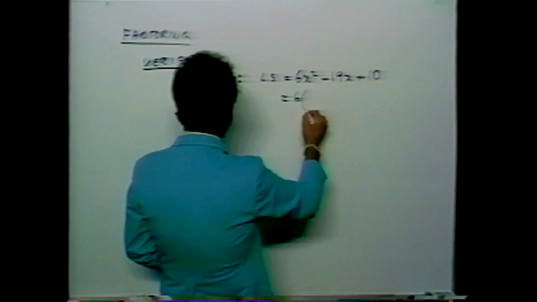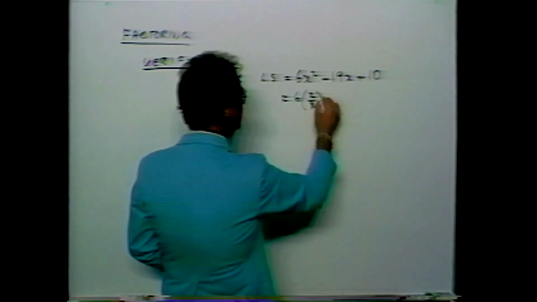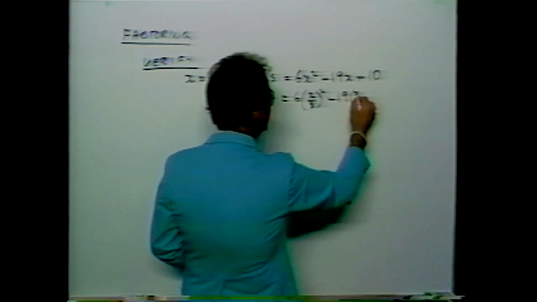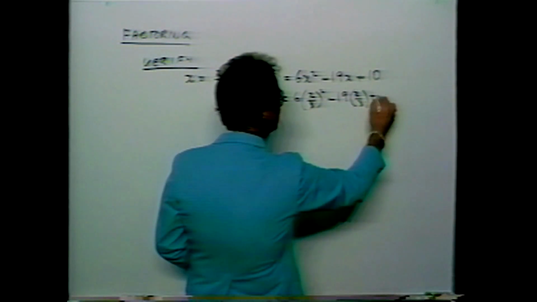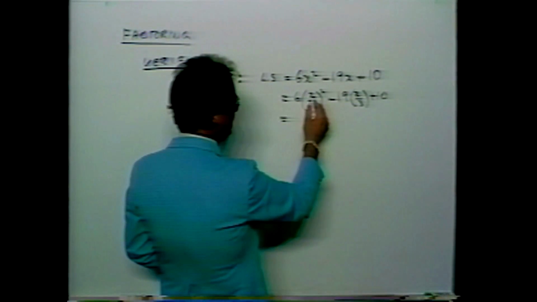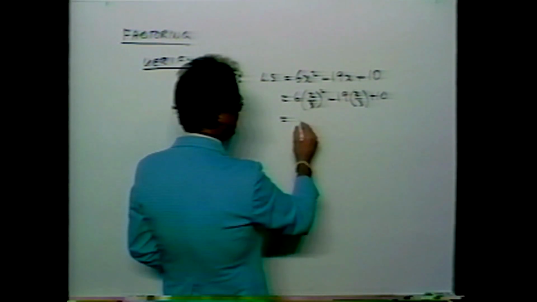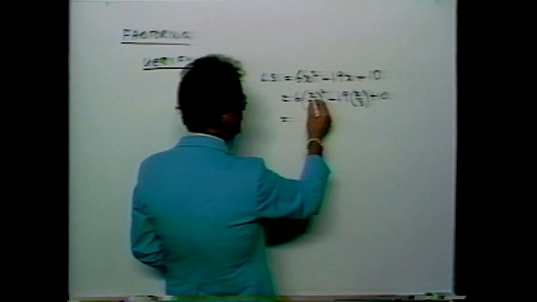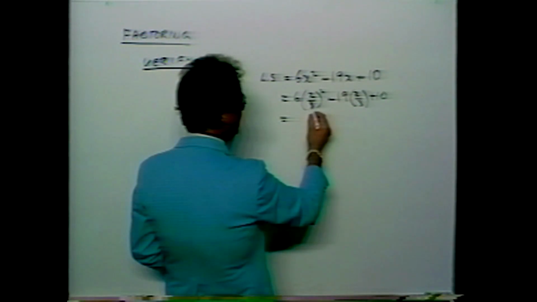This is 6 multiplied by 2/3 squared minus 19 times 2/3 plus 10. This amount is 6 times 2 times 2 divided by 3 times 3.